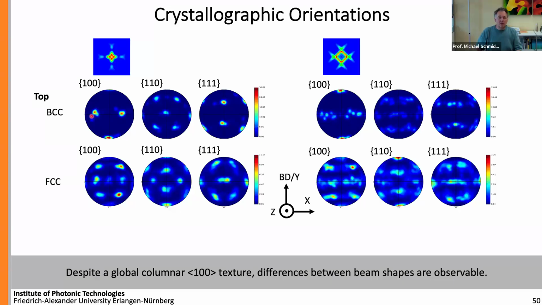So we have really those directions very, very pronounced, which is not as much the case for the diamond-like structure as well. Also for the FCCs, we see they are more widespread in the directions, but also here they are, let's say, still a bit more condensed for the star-like structure compared to the diamond-like structure.